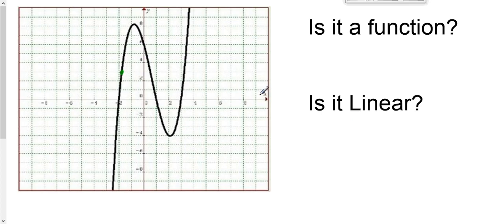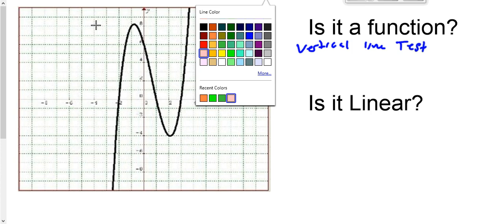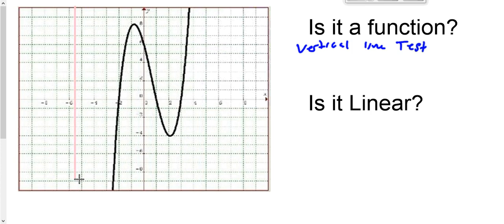So let's take a look at it. Is it a function? Well, to check if it's a function, we're going to use what is called the vertical line test. The vertical line test says that if I take a line that's perfectly vertical like this, make it a little bit darker color so it's easier to see.